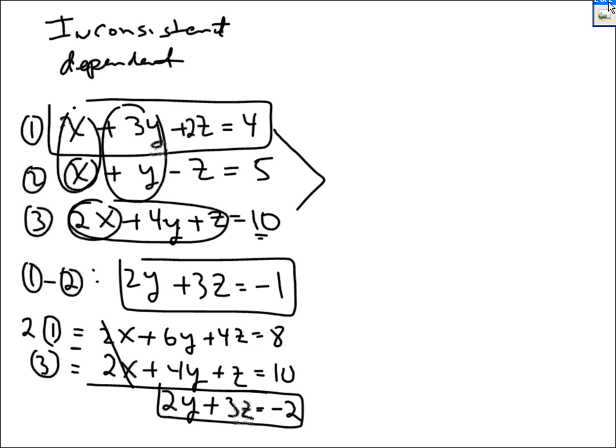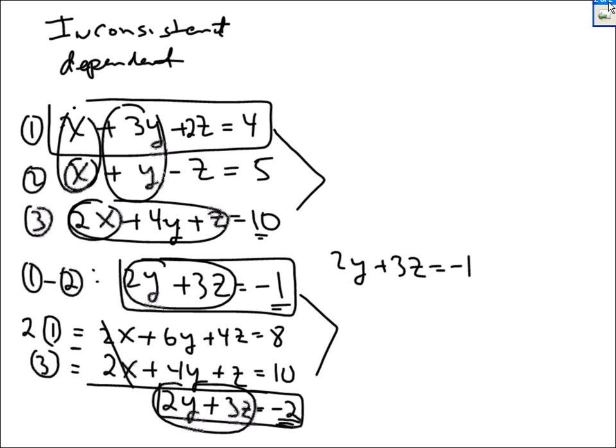Now you might see the contradiction here. 2y plus 3z, 2y plus 3z. Up here it equals negative 1, down here it equals something else. So that's the problem. Now, if you didn't see that, you have your 2 equations and 2 unknowns, and you say, oh, this is simple.